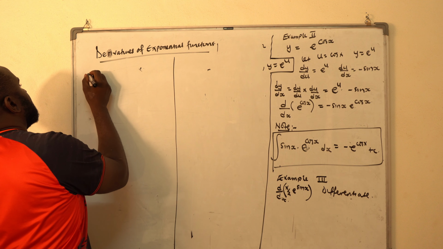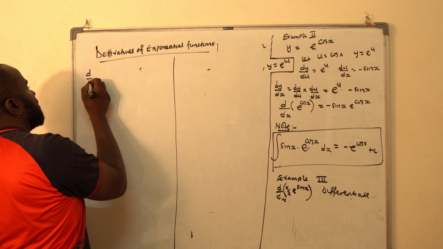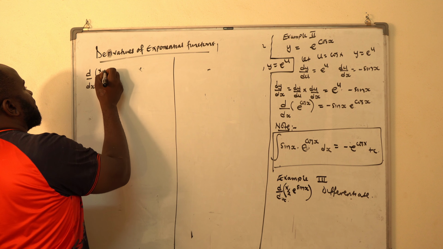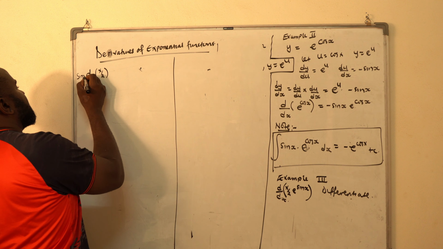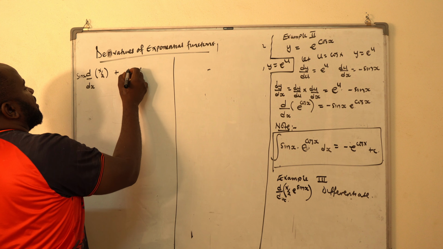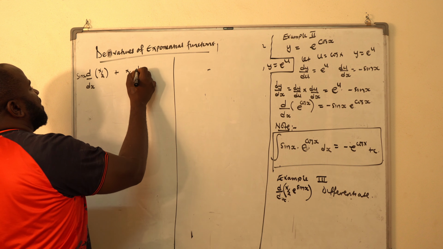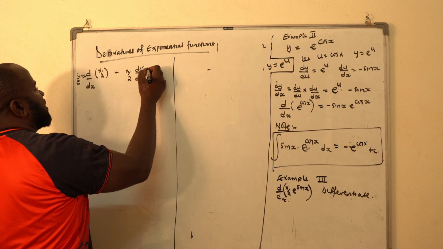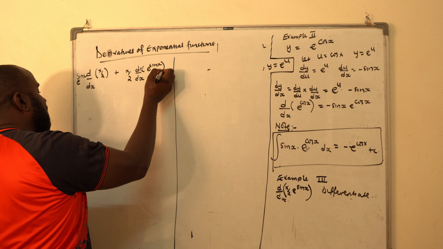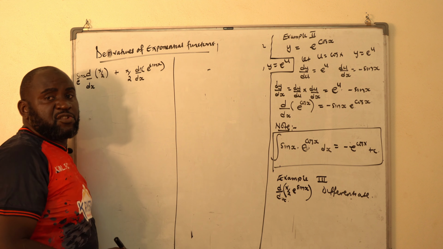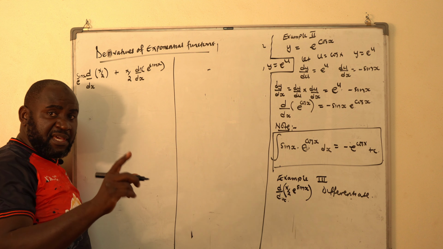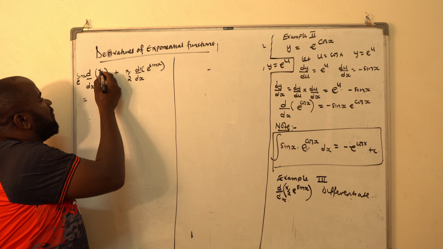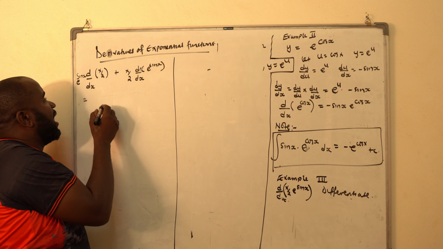We shall have to differentiate with respect to x, a half x, keeping exponential sine of x a constant, plus keep x over 2 a constant, and differentiate the exponential sine of x, because in product rule you differentiate one term keeping the other constant. It is from here that when I differentiate a half x, I'll get a half.